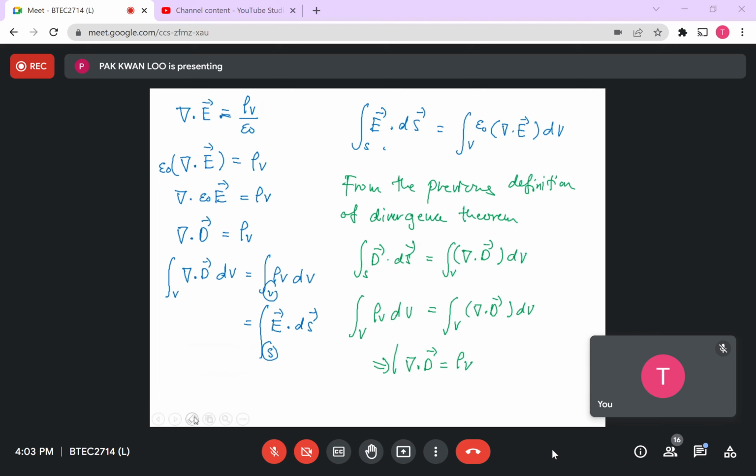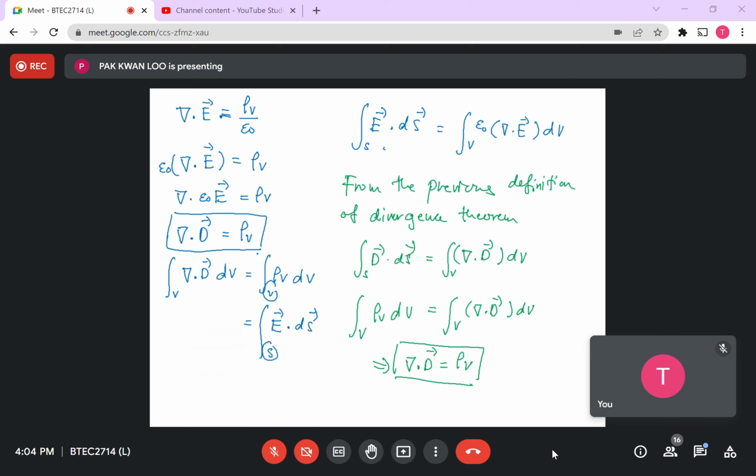If you compare this term and this term here, based on the definition of divergence, it is the same. So this is the theorem.